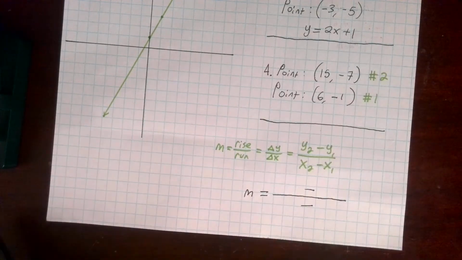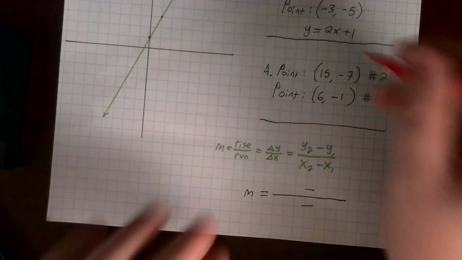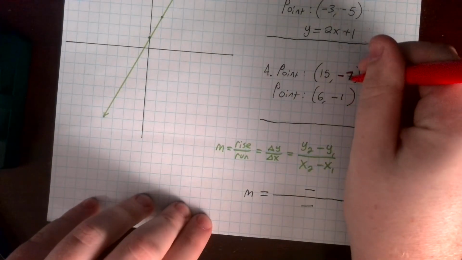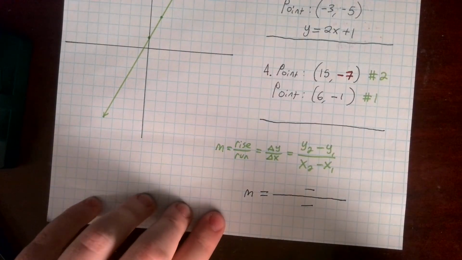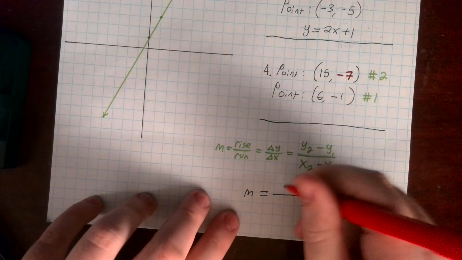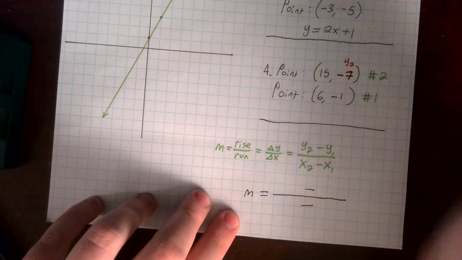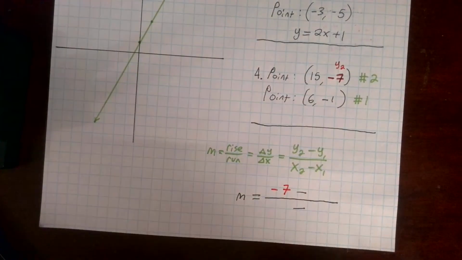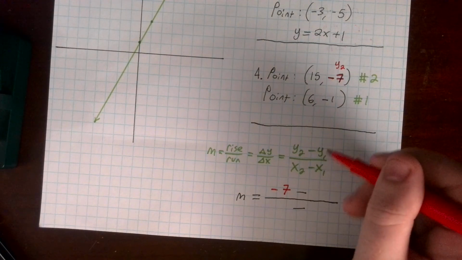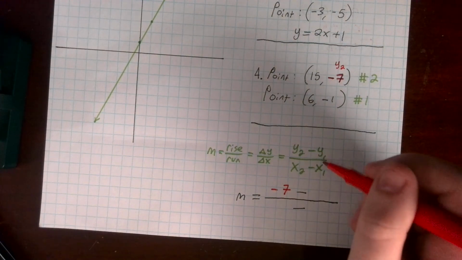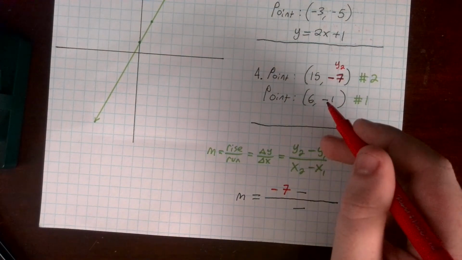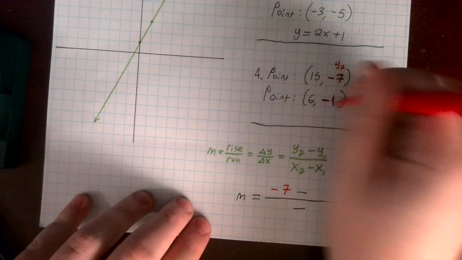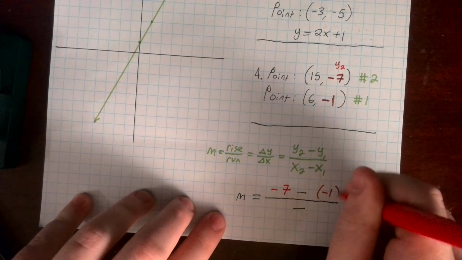We just labeled the first one point number 2. The y value is that second number, -7. So y2 is, I'm going to label it up here so we don't forget, -7. We also want to know the y value of point 1, or y1. Well, if we look at point number 1, our y value is -1. So we can put a -1 here.